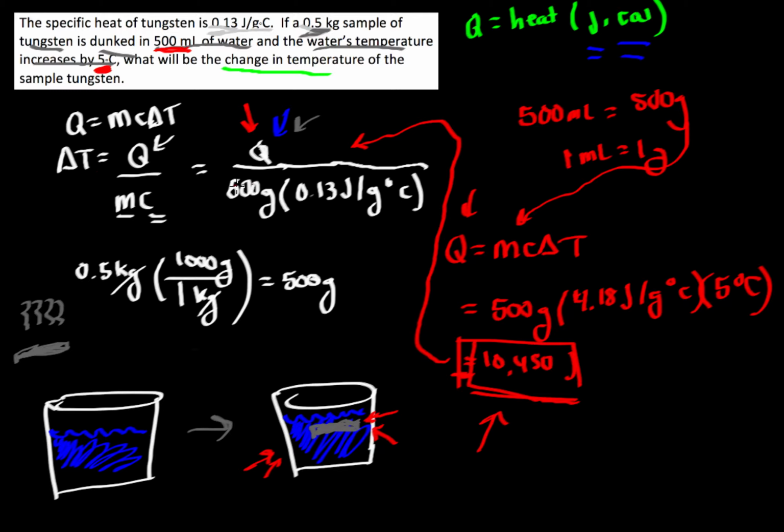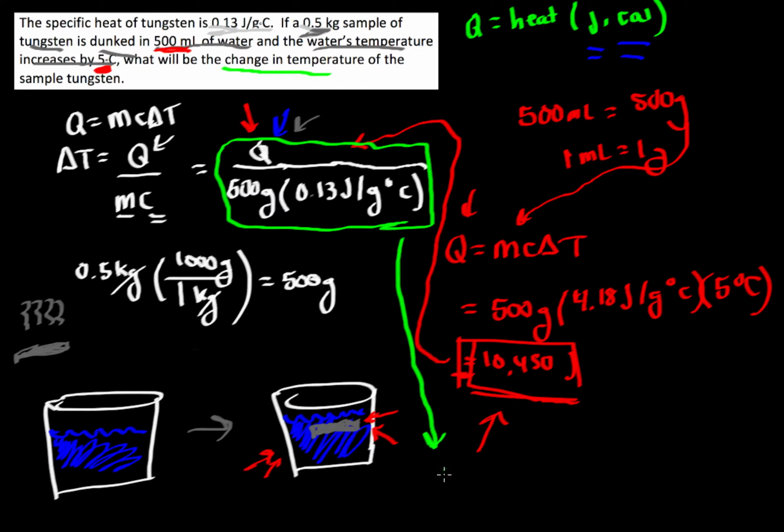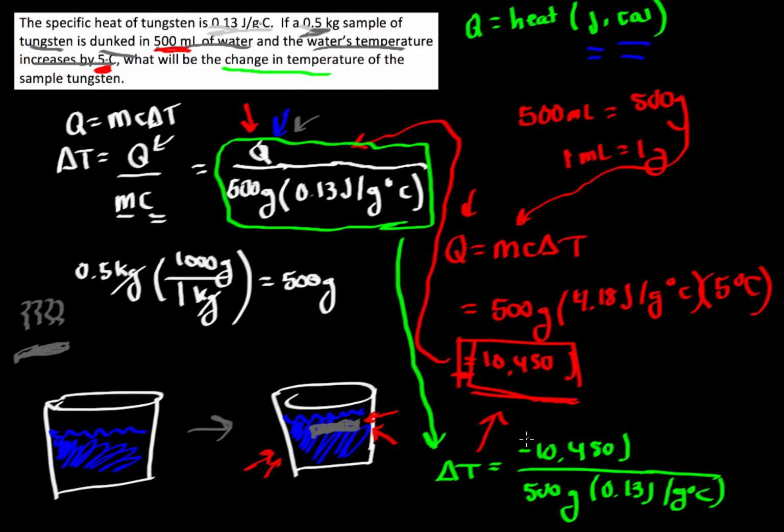So I'm just going to take this and bring it down here to finish the math. Our delta T equals negative 10,450 joules divided by 500 grams times 0.13 joules per gram degrees Celsius.